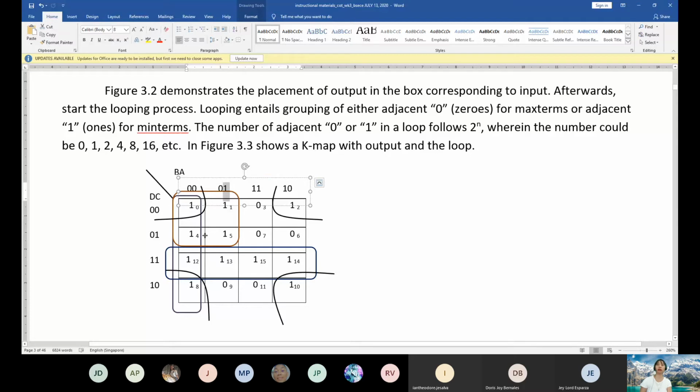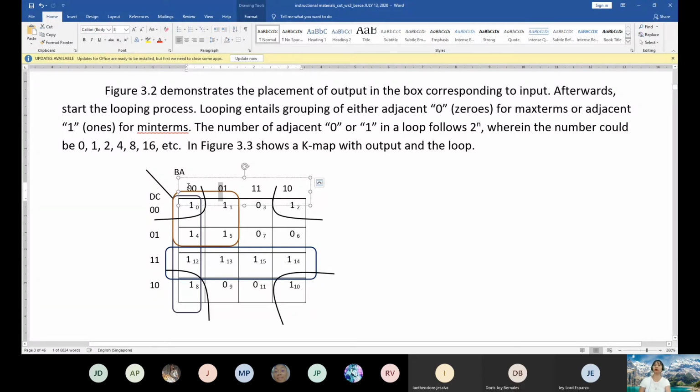So what will happen to A? 0 and 1, eliminated. A is eliminated, whereas for B, we have 0, 0. Therefore, B is 0.